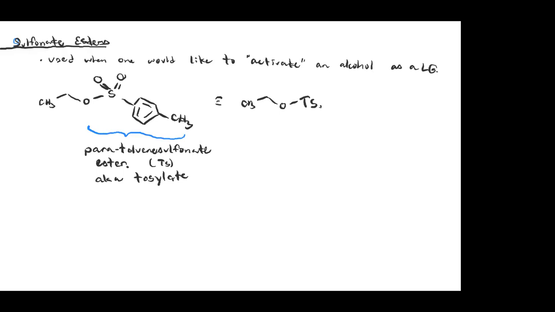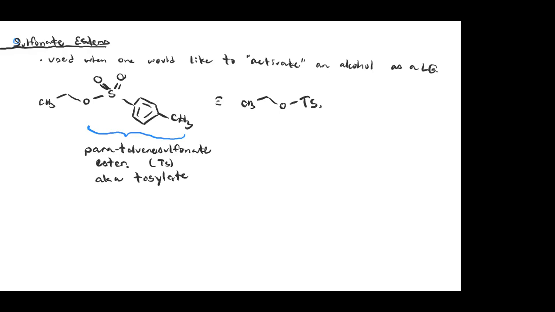Why is it common? You may be wondering. It's actually a byproduct. The sulfonyl chloride is a byproduct of saccharin production. So you take toluene, methylbenzene, and do an electrophilic sulfonation, and you get a mixture of isomers. And this is actually the undesired product. So it winds up being dirt cheap.